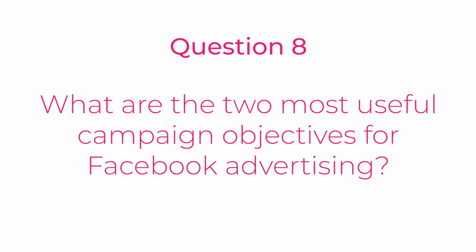What are the two most useful campaign objectives to use when you're starting out with Facebook advertising? Okay, so the two main campaign types when it comes to Facebook ads and business models is either going to be a conversion ad, which covers things like leads, purchases, add to carts, website registrations, or a lead generation ad, which covers leads.